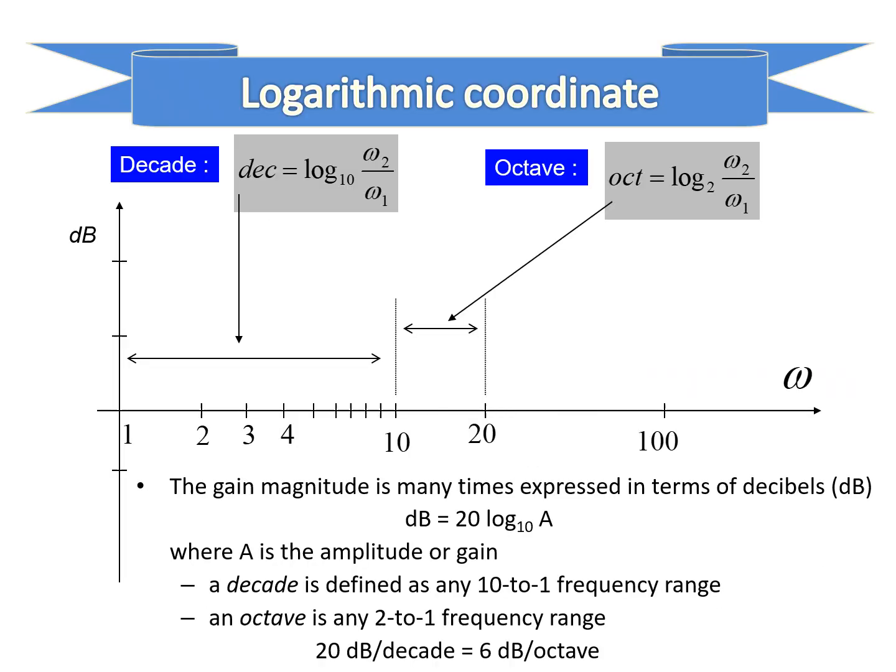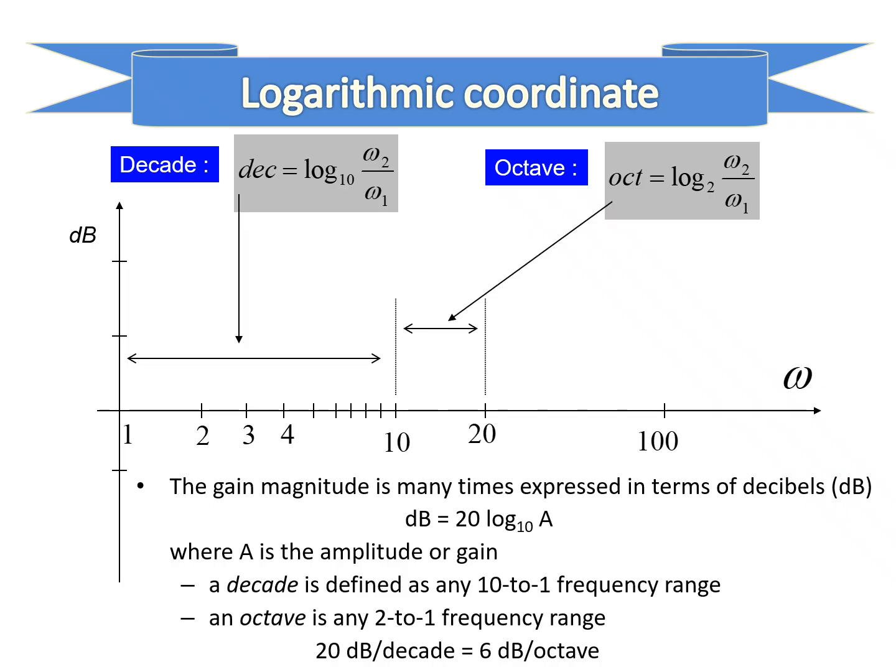Okay, logarithmic coordinate. Decade is equal to log 10 of omega 2 per omega 1, and for octave it is equal to log 2 of omega 2 per omega 1.